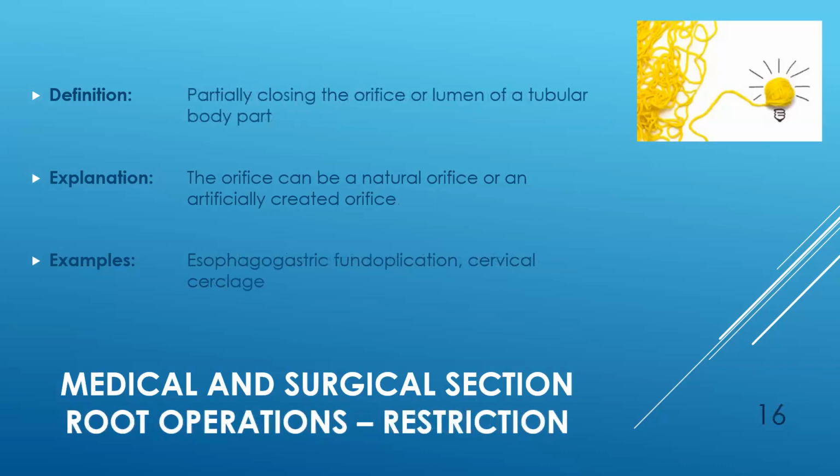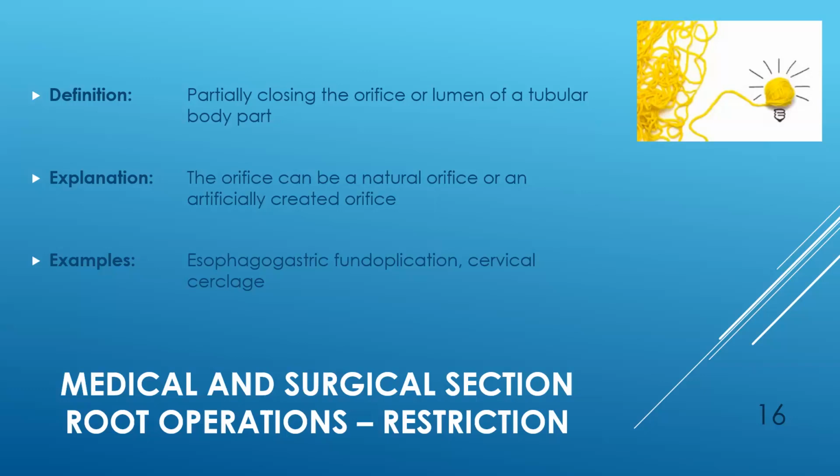So this is its sister root operation, restriction. Restriction's different in that it only partially closes. Think about it, you might have bleeding, a hemorrhagic stroke, and there's bleeding in the brain. You'd want to restrict that bleeding. You don't want to cut it off entirely, or you'd make the patient brain dead, doing more harm than good. So it is partially closing the orifice or lumen of a tubular body part. The orifice can be a natural orifice or an artificially created orifice. Something like an esophagogastric fundoplication is a good one because, again, that's the gastrointestinal tract.